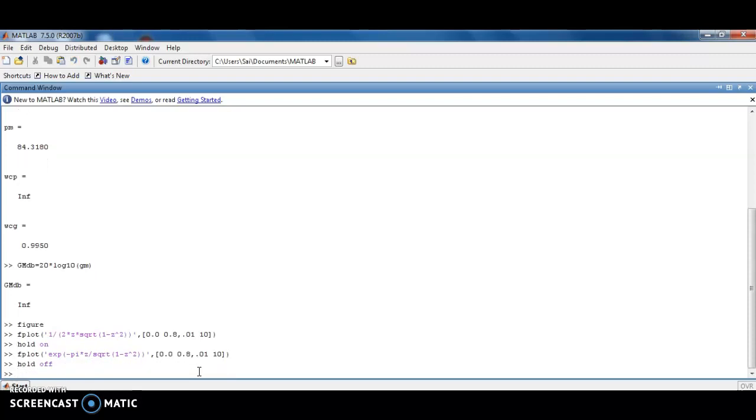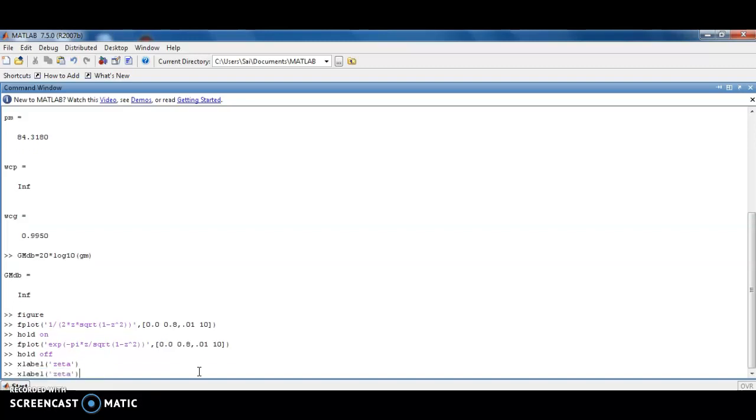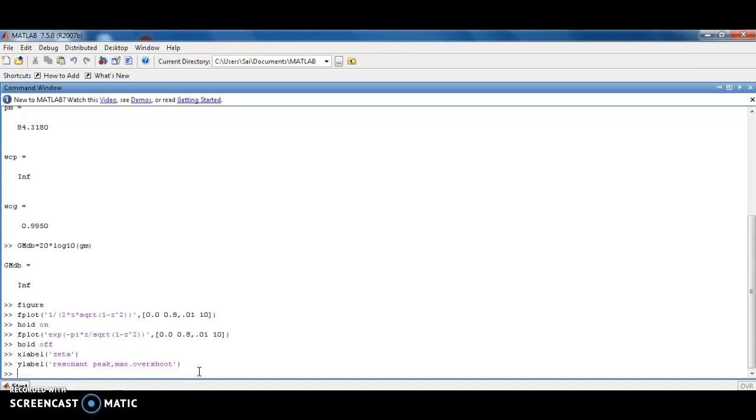Hold on. X label will be zeta, Y label will be resonant peak, comma maximum overshoot.